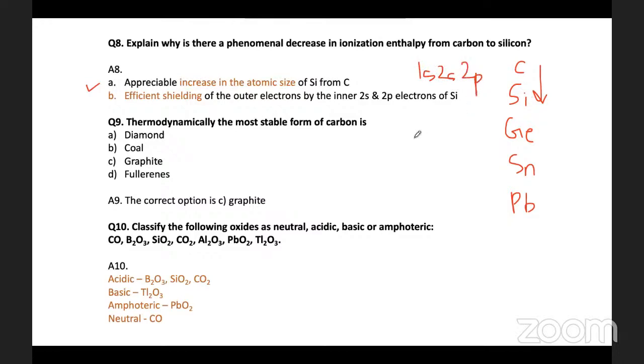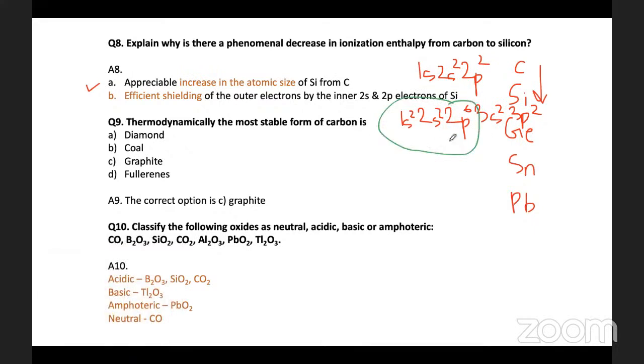But in the case of silicon, we have 1s2, then 2s2, then 2p6, then 3s2, and then 3p2. So in silicon we have these many intervening electrons, 1s2, 2s2, 2p6, in the middle.